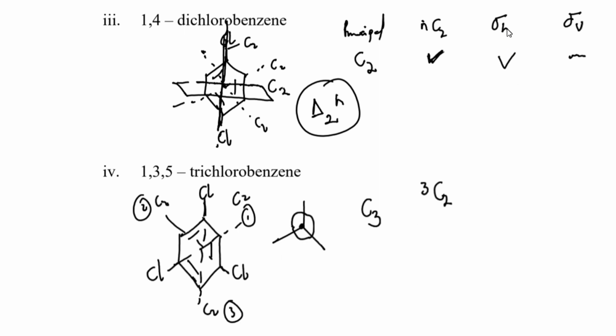Now let's look at sigma H. The principal axis is a point that goes into this, right? Sigma H should cut the point that is entering into this, vertically. So we have this to be there. We don't need to check for this again. So we have D3H, right?